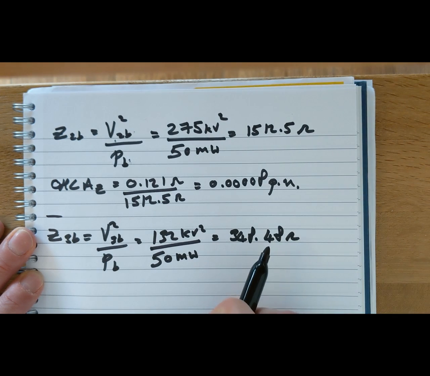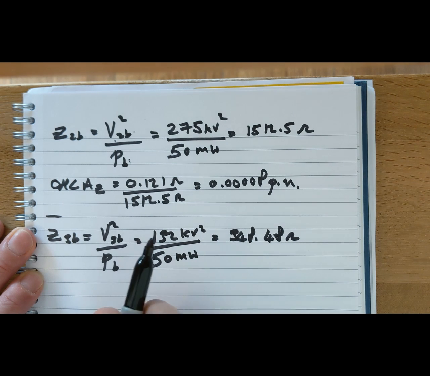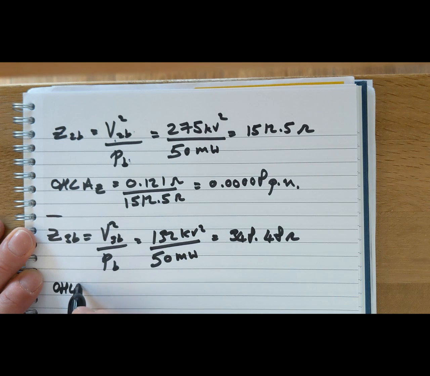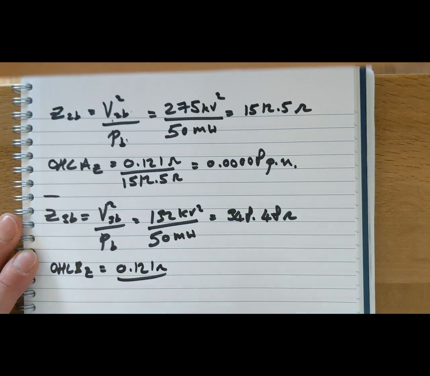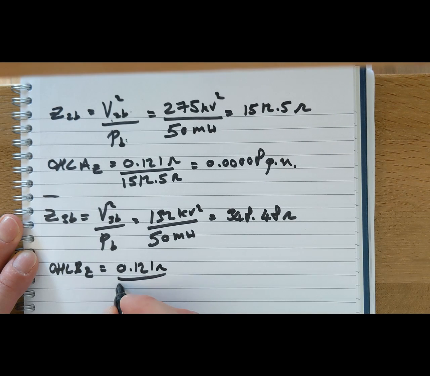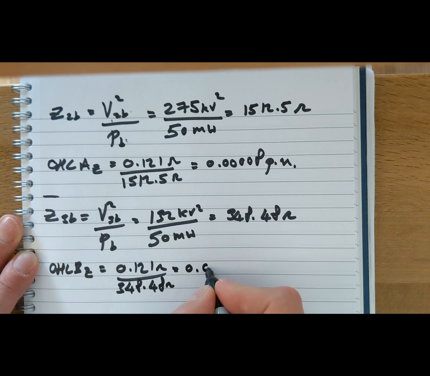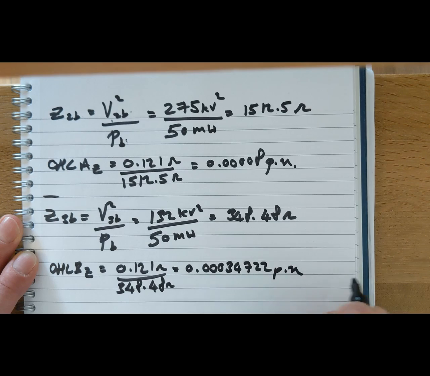And so that's the impedance base for the 132 kV area, and therefore our overhead line B's impedance is its impedance in ohms divided by the base impedance for that voltage area, 348.48 ohms, which comes to 0.0003472 per unit.